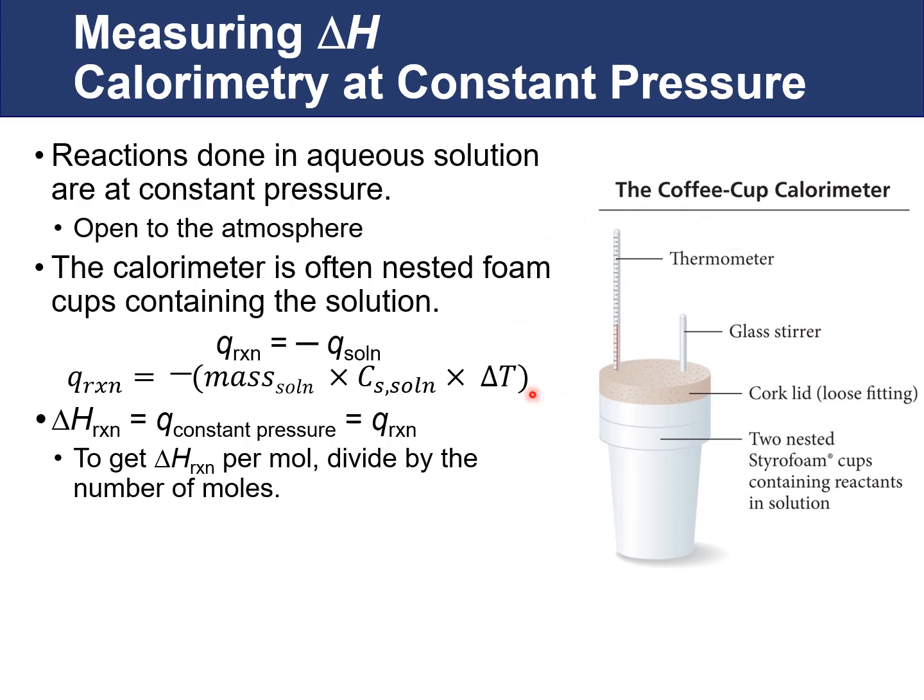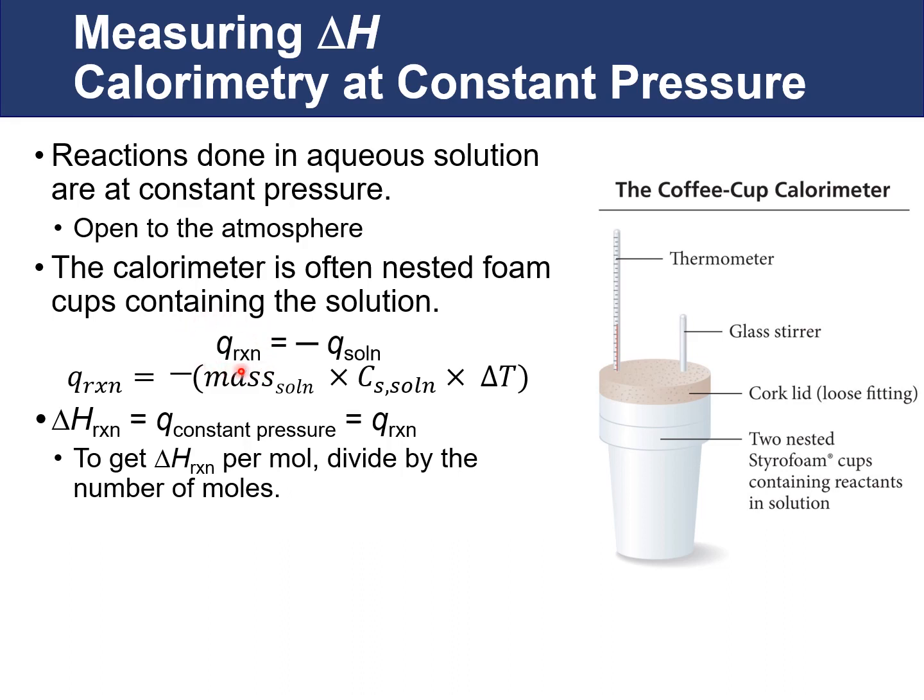So whatever pressure the environment around the coffee cup calorimeter is, that's the pressure that's being exerted on the top of the surface. The calorimeter is often, in this case, a nested set of foam cups containing the solution. So the way that we do this process is we do our chemical reaction.